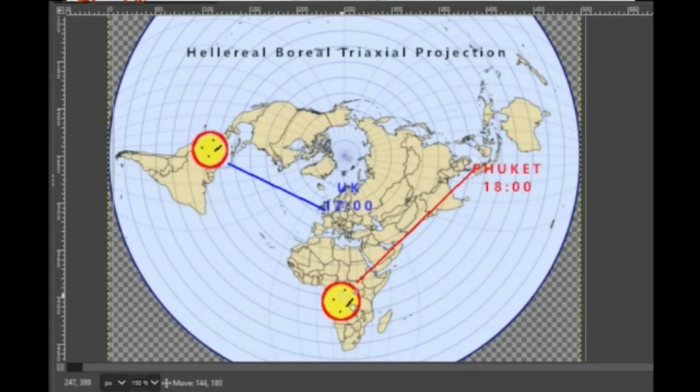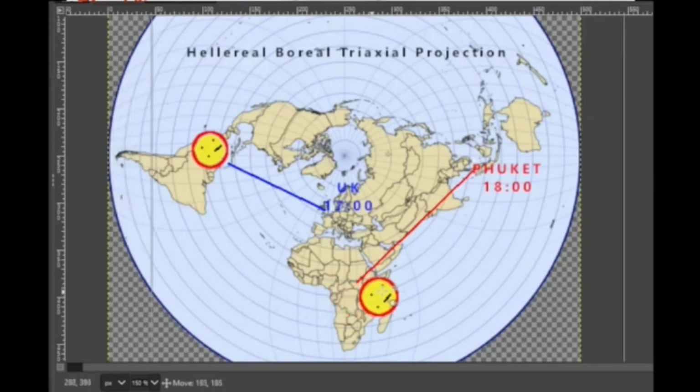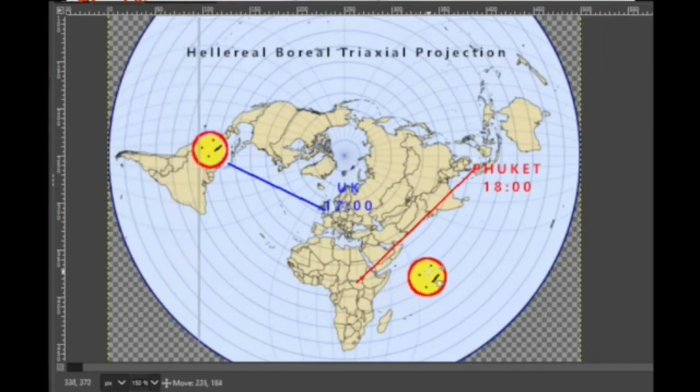So let's just take the sun back along its path to where it might have been observed at about a 180-degree angle from the UK. And we can see here that for an observer in the UK, the cluster of sunspots would have appeared at the top left of that arrangement.